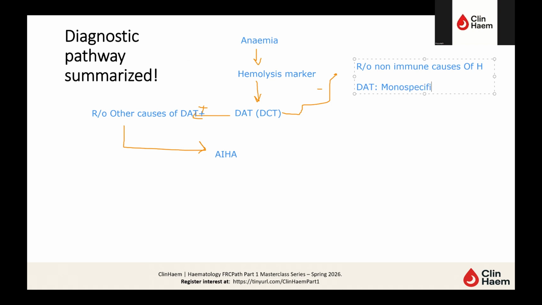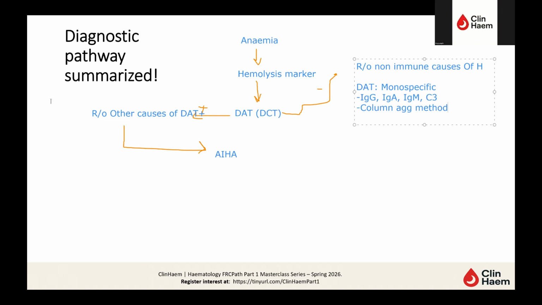So we do a DAT that's specific for IgG, IgA, IgM, and C3 as well. We do all of these tests separately because of the caveats that I mentioned in the beginning. And you do that in a column agglutination method, which is apparently most sensitive to show a positive DAT.